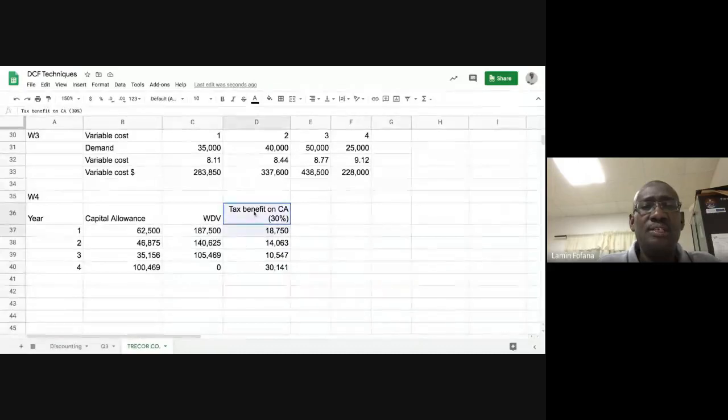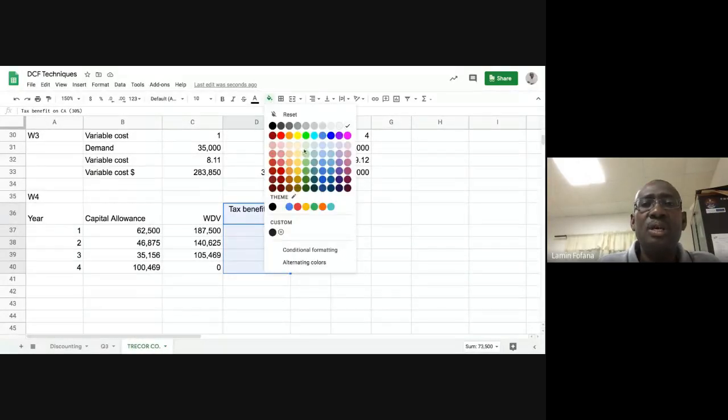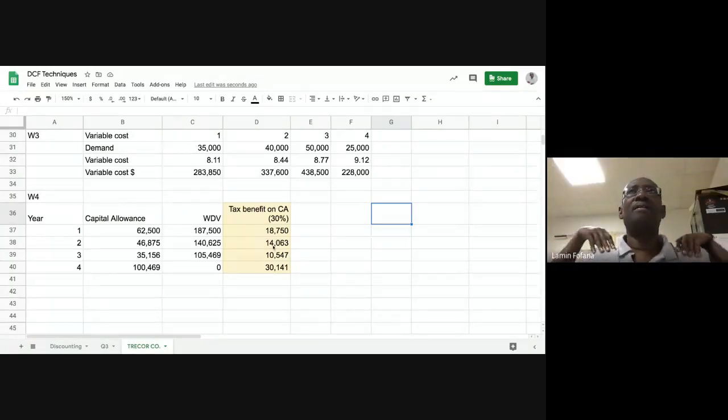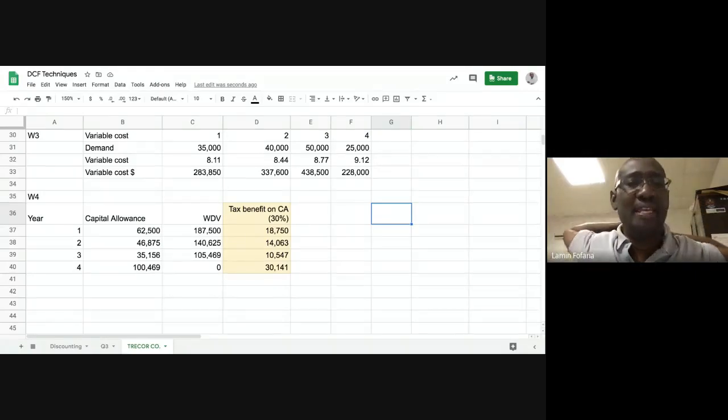So this is very important for us because this is the tax benefit we are going to receive from GRA. So as such, it should be deducted against the tax we are supposed to pay.